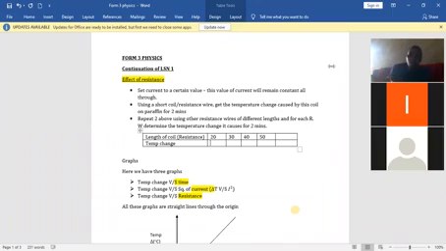If the coil is very long, you will require to do a lot of work. The battery will require to do a lot of work. Remember, the battery pumps electrons around the circuit. So as the battery pumps the electrons around the circuit, the work needed for it to do that is much higher if you have a very long coil.